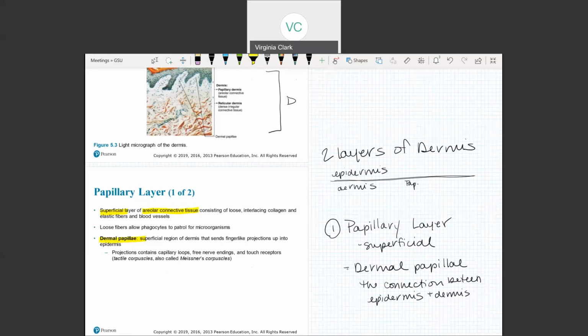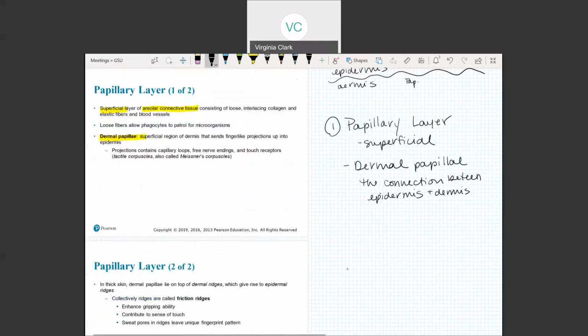What is actually happening is that the epidermis and the dermis connect with a corrugated cardboard pattern. It will look like this on a larger scale. Papillae are little mounds, finger-like projections. So you'll have your epidermis here, and then you'll have this finger-like projection of your dermis sticking up.